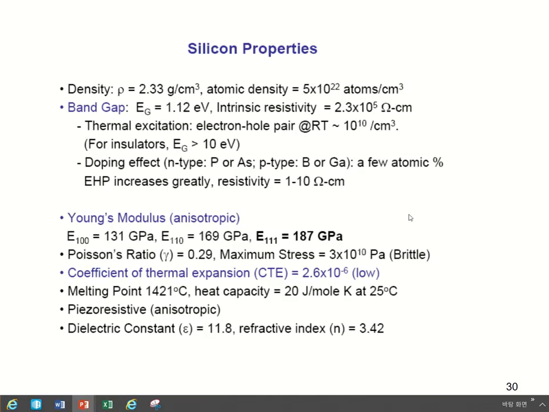The Poisson ratio is 0.29, and the maximum stress, meaning the ultimate strength it can withstand, is 3 times 10 to the 10 Pascal, which is 30 gigapascal. That is the maximum stress the silicon structure can withstand. And silicon is a brittle material, right?